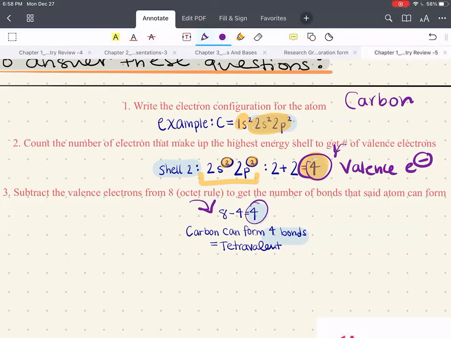In other words, it's tetravalent. This is a very important piece of information that you will use and reuse in organic chemistry: carbon can form 4 bonds. This was the electron configuration method for figuring out how many valence electrons an atom has and then how many bonds it can form.